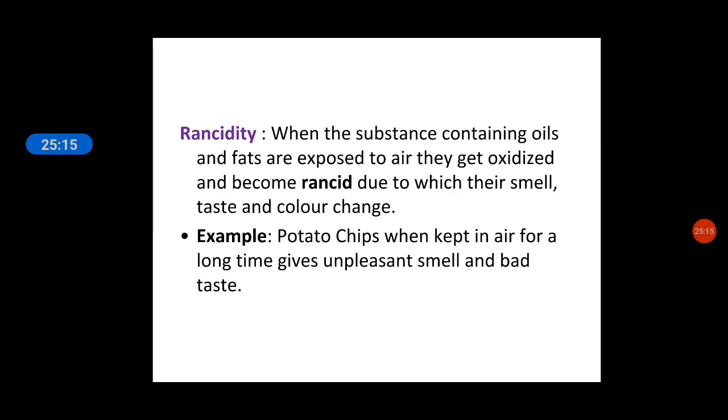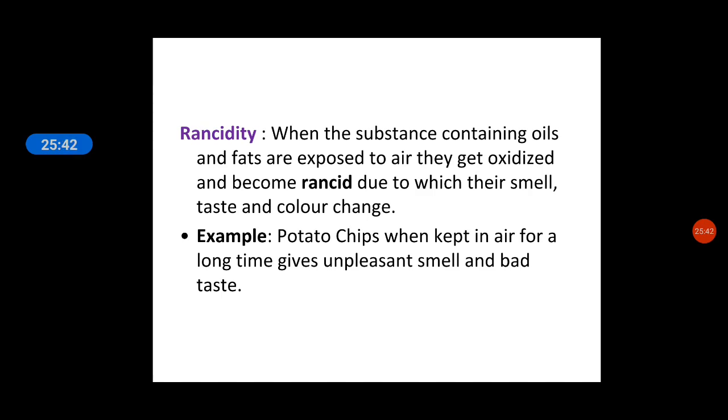When we use leftover overcooked oil for making foodstuff, it is found to have a foul odor called rancidity. If food is cooked in such oil, its taste also changes. When oil or ghee is left aside for a long time, or fried food is left aside for a long time, it undergoes air oxidation and becomes rancid.